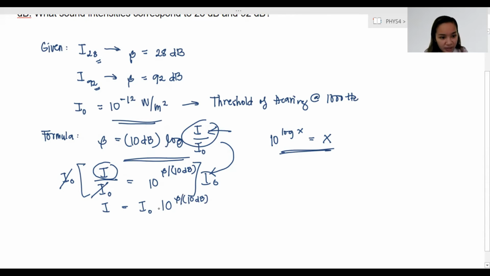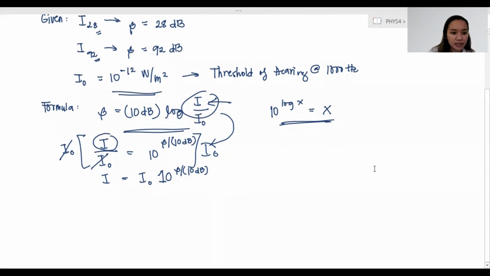So, this is now our equation that we will use to solve for the sound intensity for 28 decibels and 92 decibels.